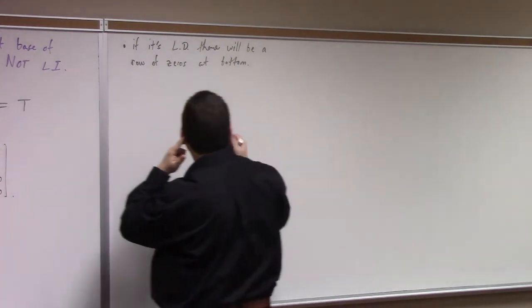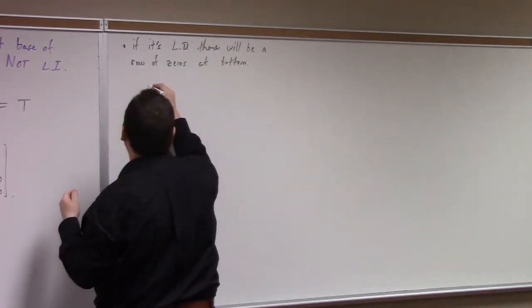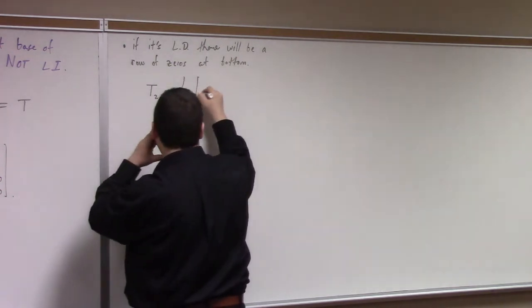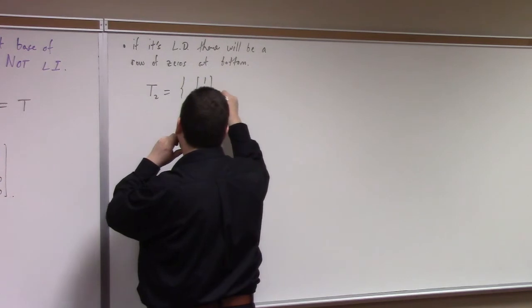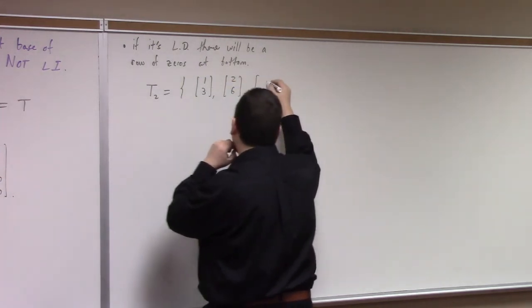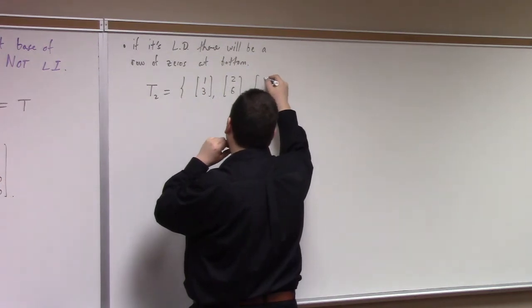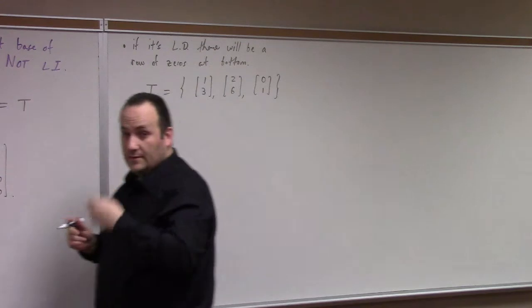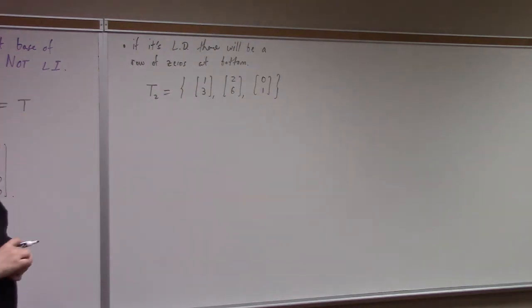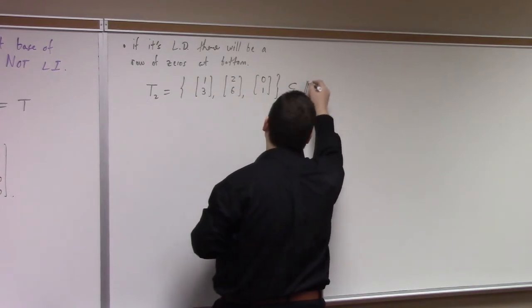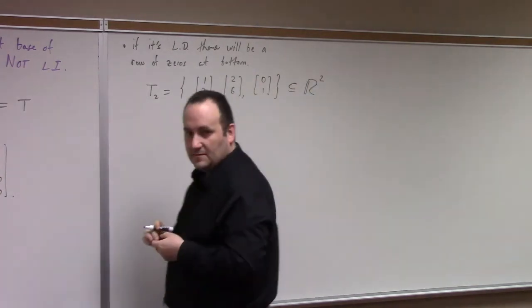So for you, let's look at the set T2 equal to, say, (1, 3), (2, 6), (0, 1). I can view it as a subset of R2, just to be specific.